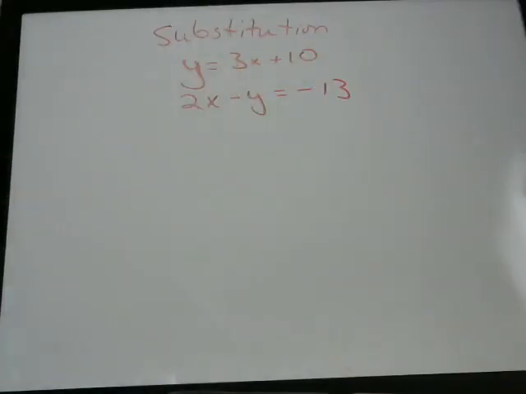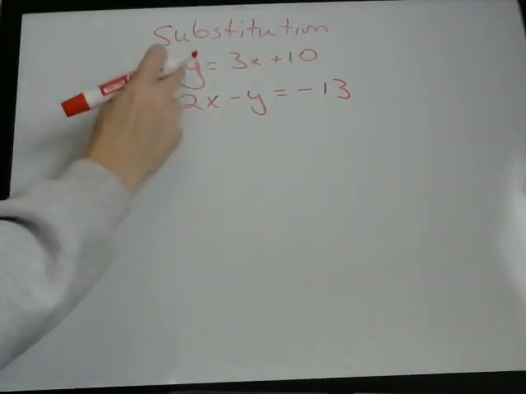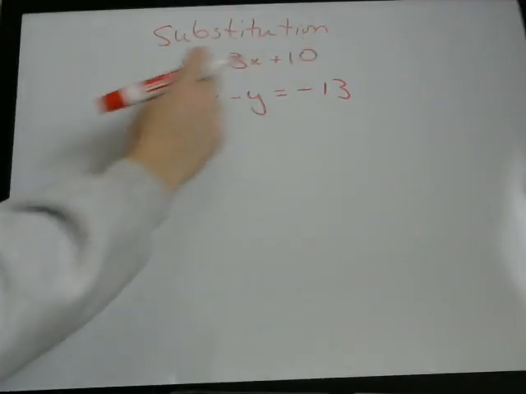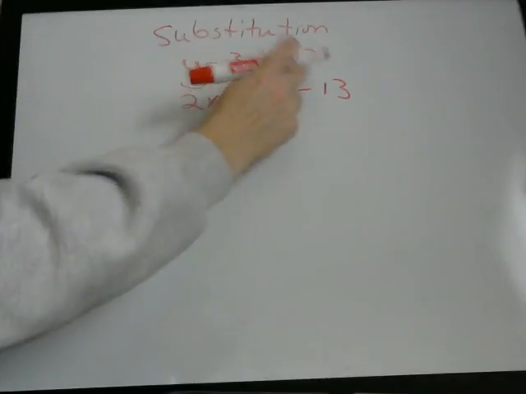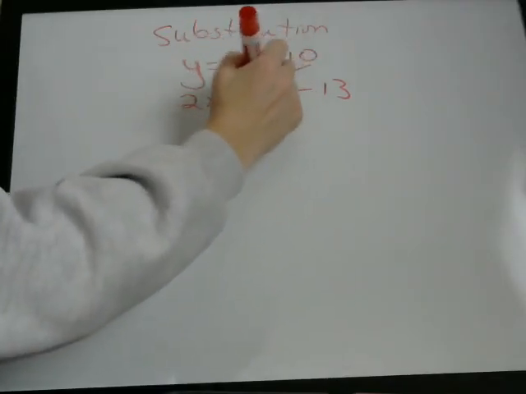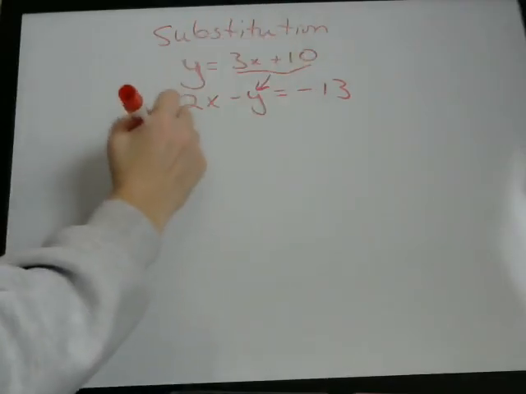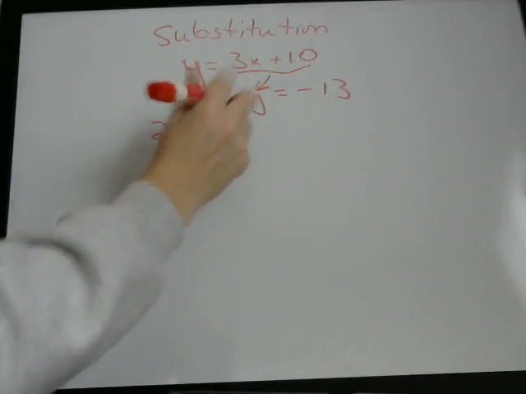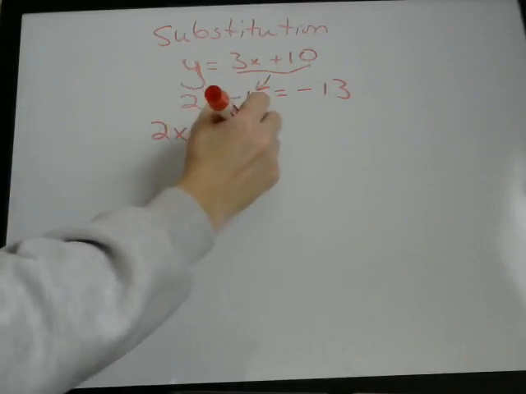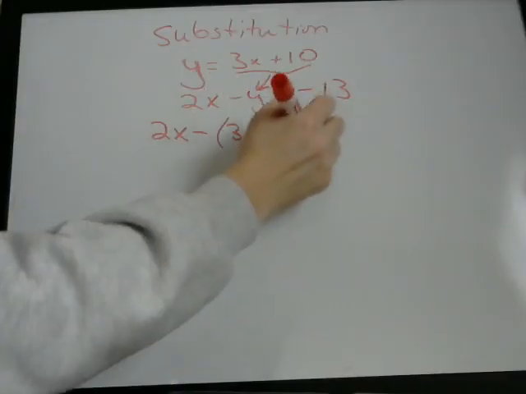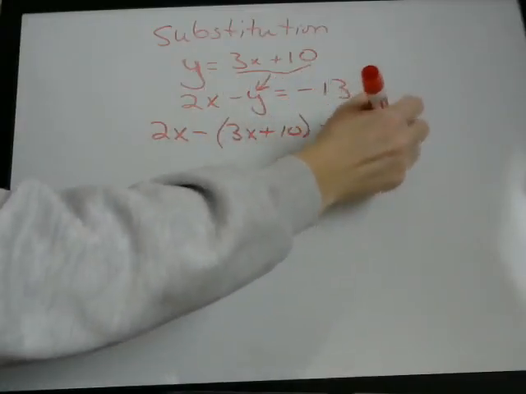So again, we're going to use the algebraic method. Here we have y equals 3x plus 10, so we're going to substitute this expression in for that y. And we're going to have 2x minus y, which is 3x plus 10, equals negative 13.